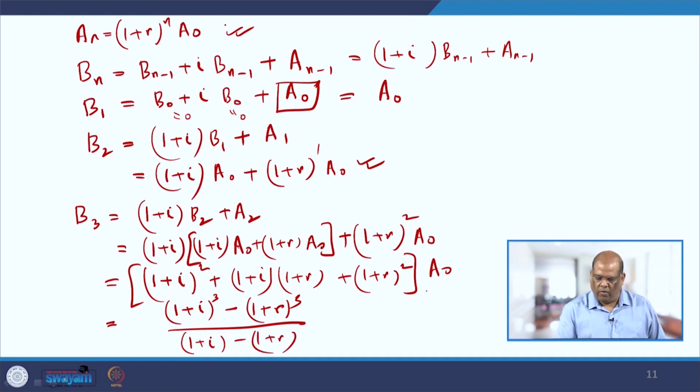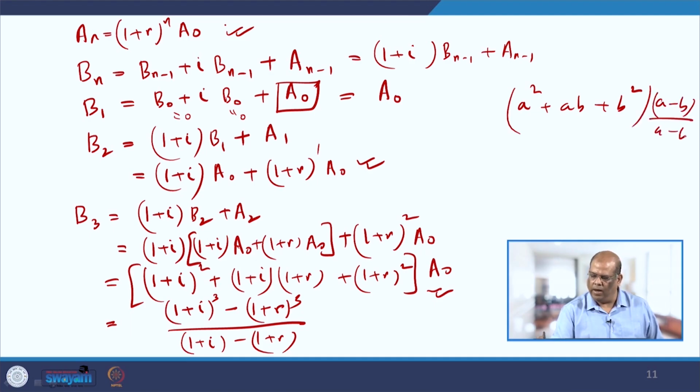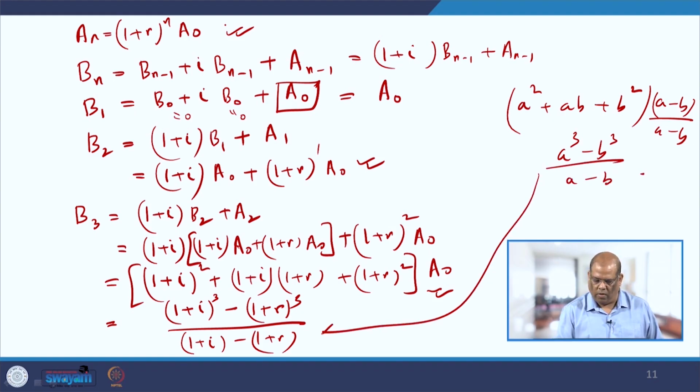So basically what you got here is something of the form a² + ab + b². If I multiply this by (a − b) and divide by (a − b), I will get (a³ − b³) divided by (a − b). So this is exactly what you got here.